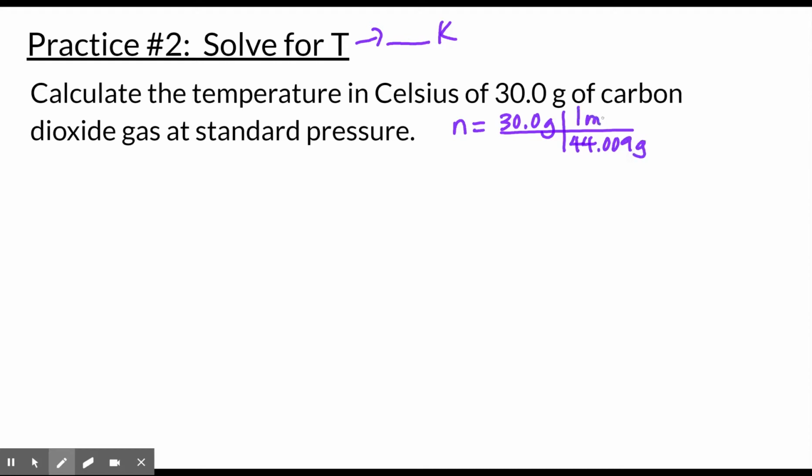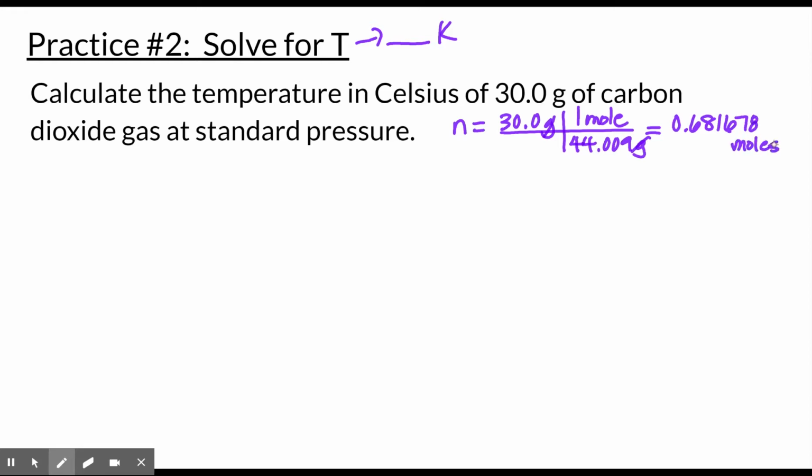When we divide, we're going to get under a mole: 0.6816 78, I'll put 78 just to cover my bases. So I have the number of moles of carbon dioxide worked out.